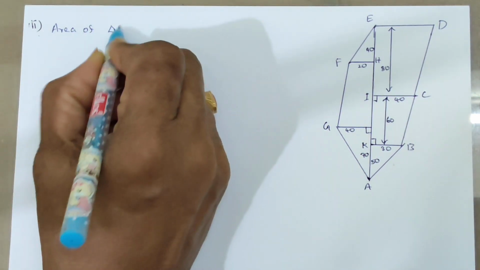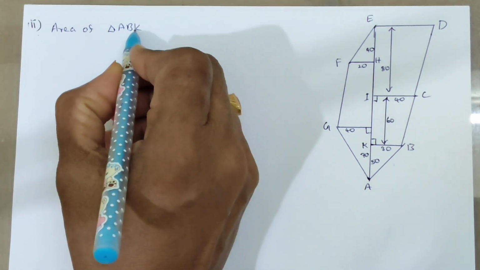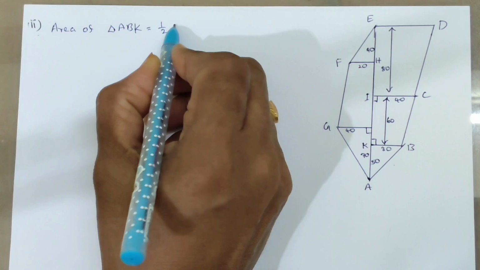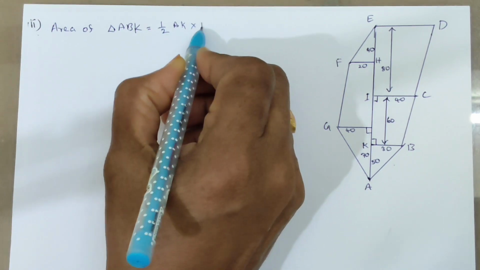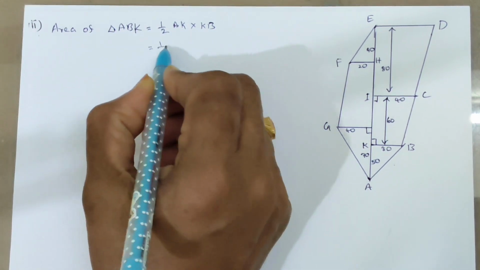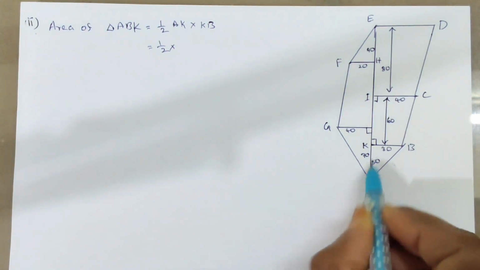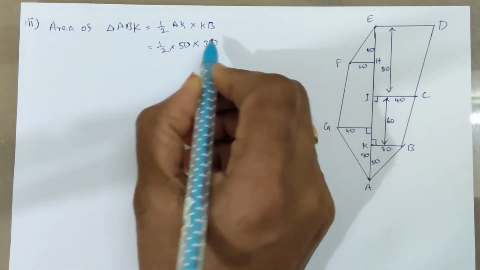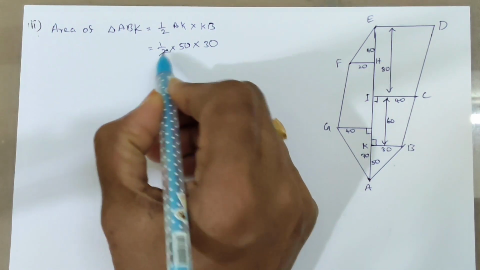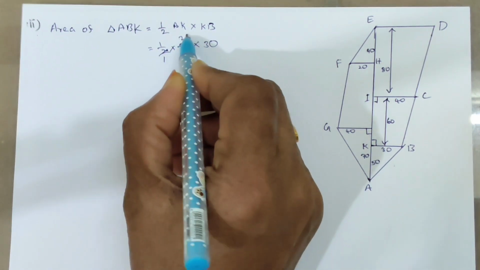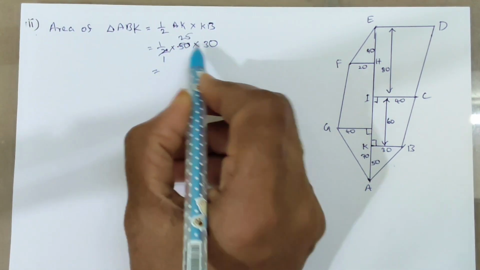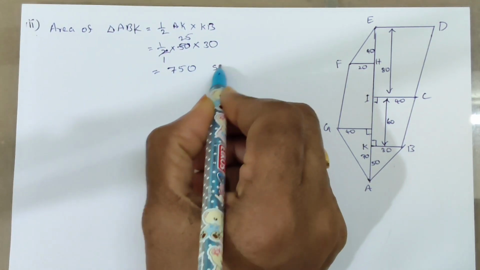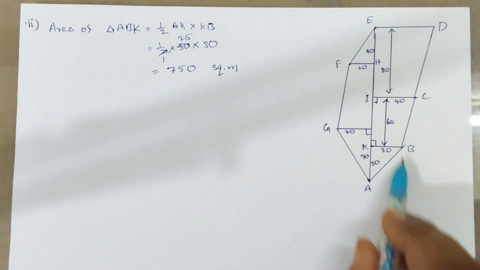Area of triangle ABK is equal to 1 by 2 into AK into KB. AK is 50, the base, and height KB is 30. Half of 50 is 25, and 25 into 30 is 750 square meters, the area of this triangle.